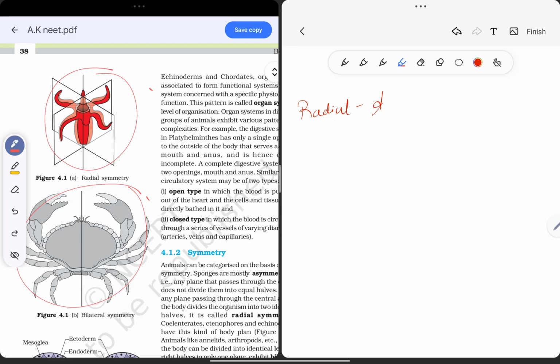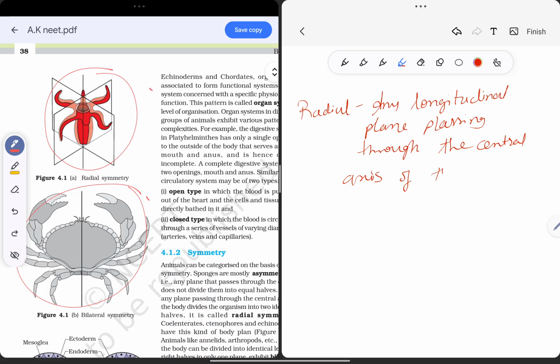Radial symmetry: any longitudinal plane passing through the central axis of the body divides the organism into two identical halves.